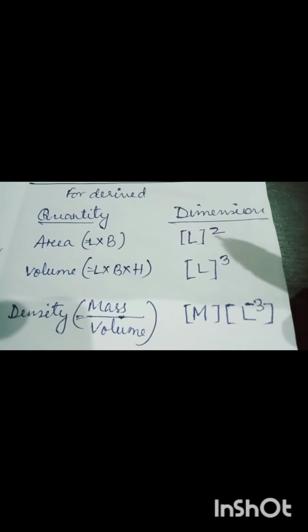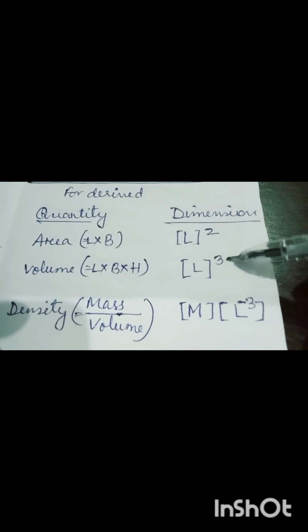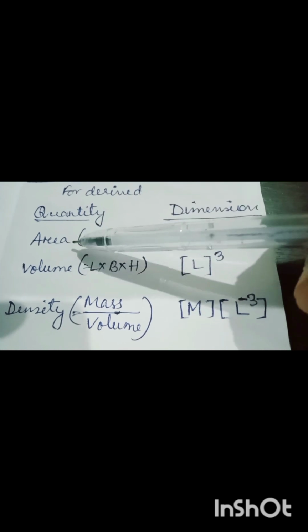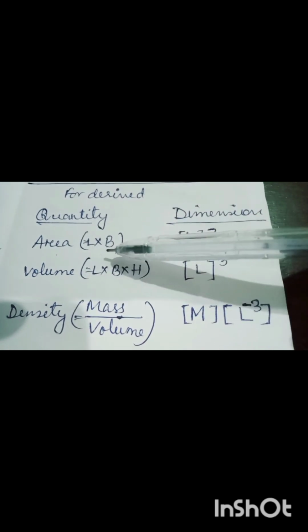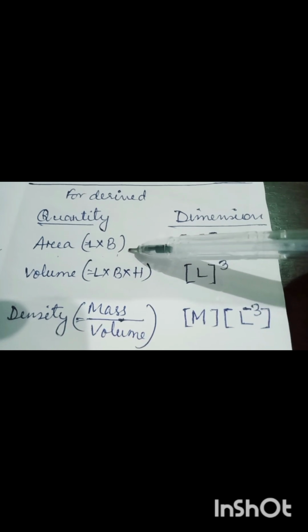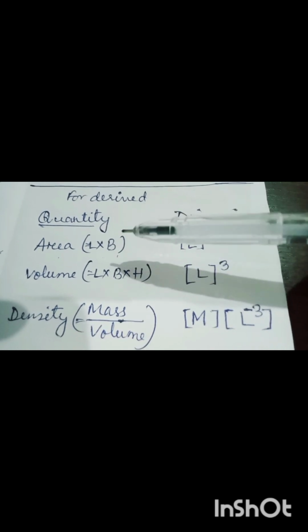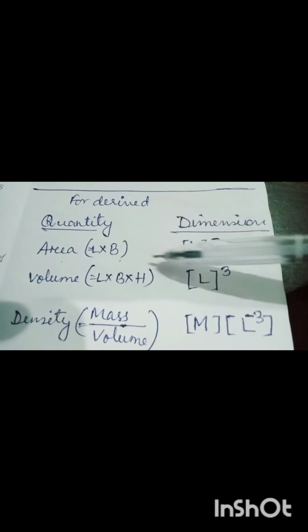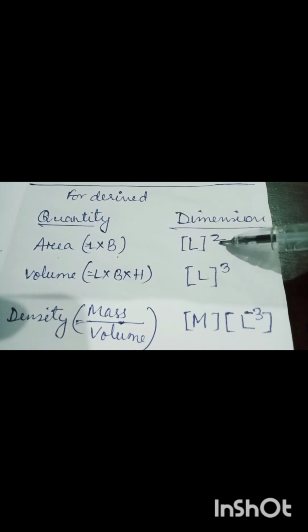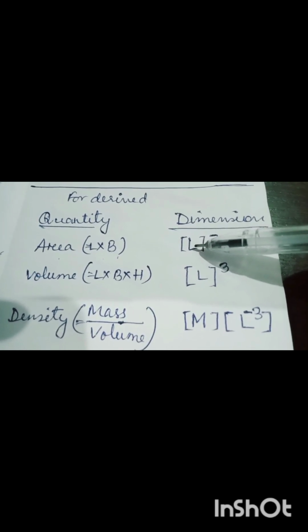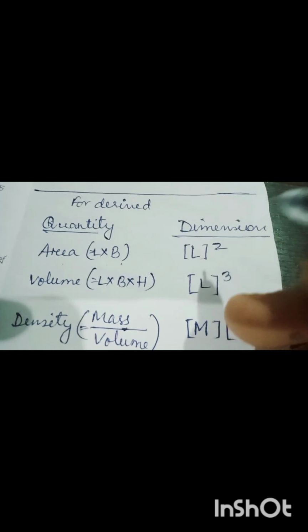Now for a derived quantity, how can we write dimensions? Let us say area is equal to length multiplied by breadth. Length, breadth or height, all are measurements of length. Therefore, we can write L to the power 2, L square. That means 2 times the value of L is used.